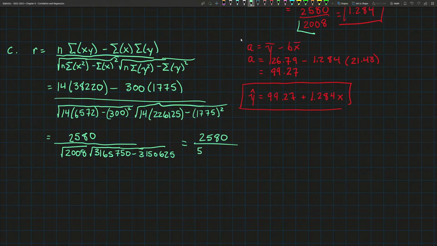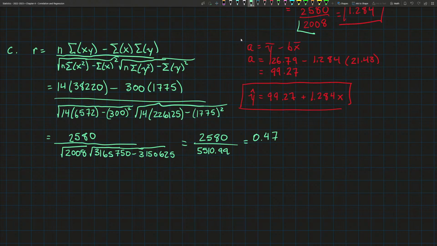So this is that number, and then 2580 divided by that is 0.47. Okay, so that's R, which is really close to our prediction that we made up top.